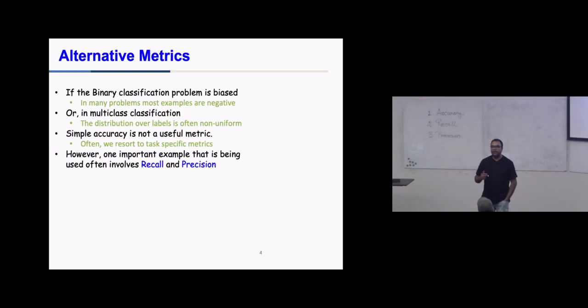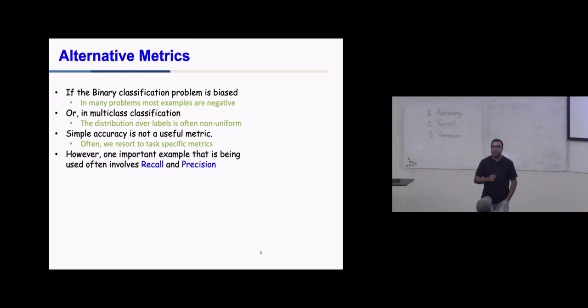Any suggestion? It's not only about matching my prediction against what the actual ground truth label is. I care about something else. What is that? Getting the right ones correct, classifying the positive ones as positive and negative ones as negative.